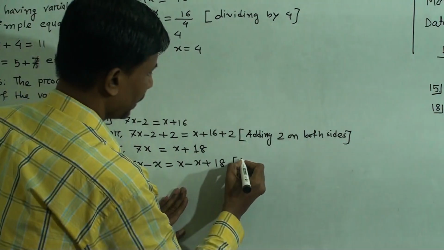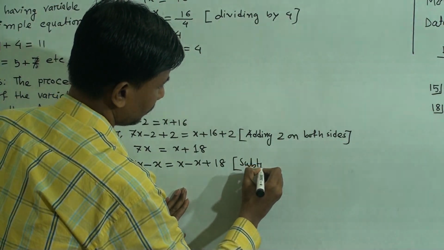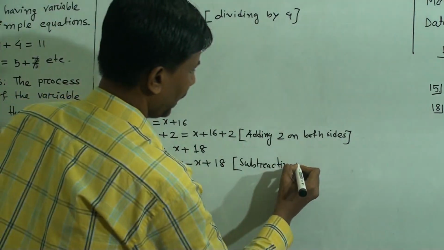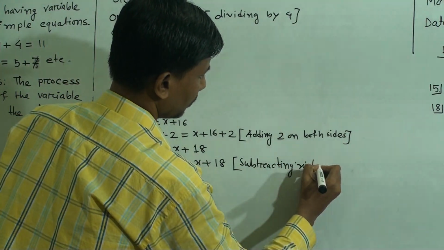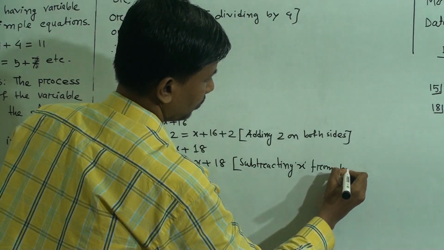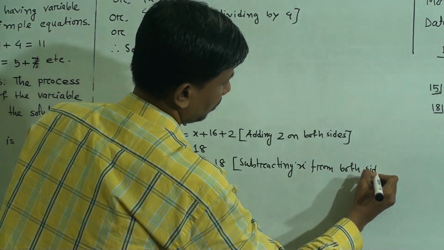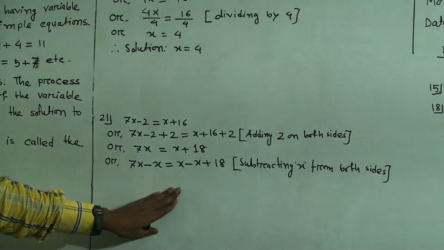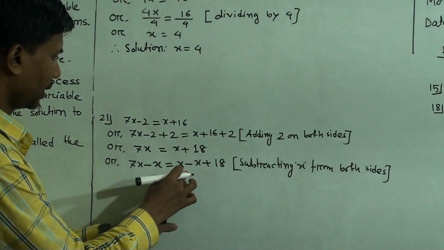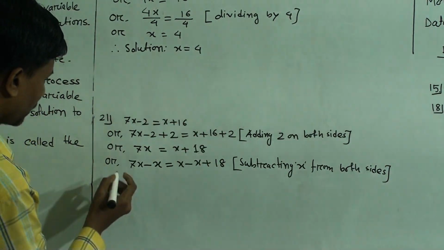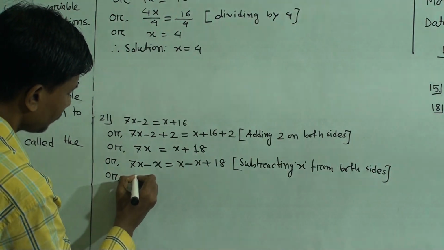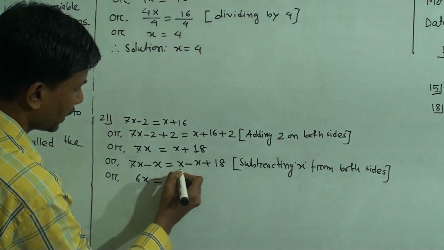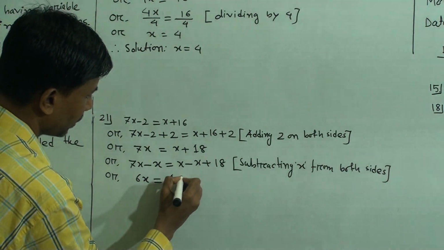Alright, subtracting x from both sides. 7x minus 1x equal to what? 6x. Then x vanishes, then here 18.